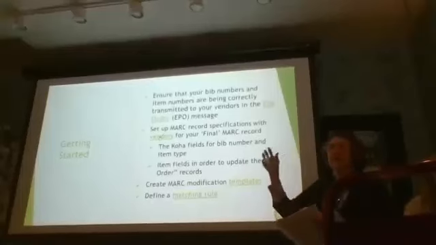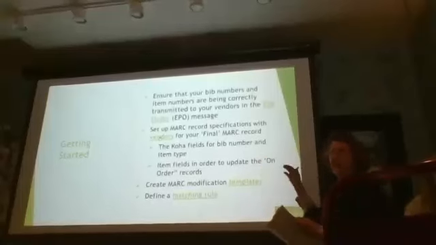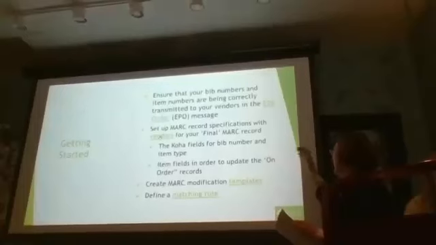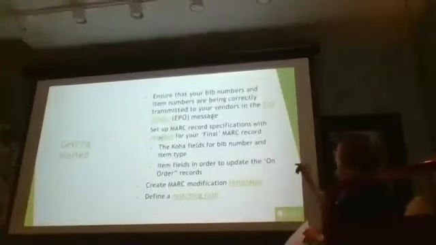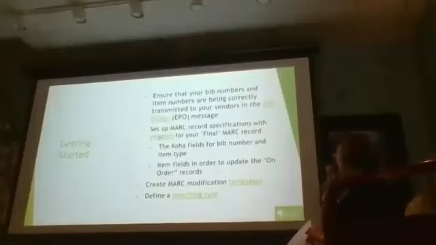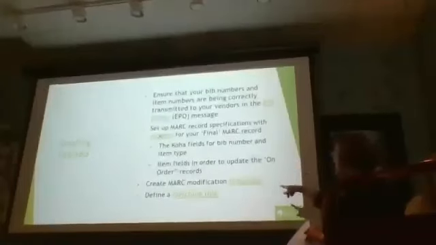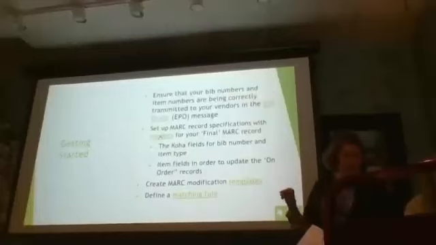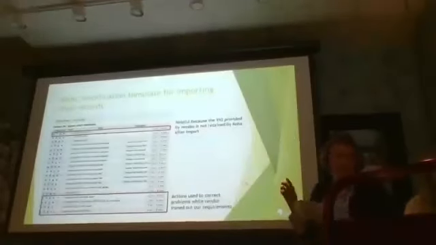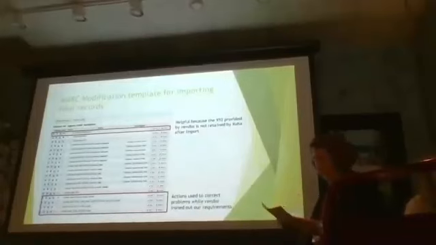The item number, you can't save a record without an item type in there. And the bib number is where you make a match on, and your item fields. And then I set up MARC modification templates, and I use different ones for different purposes.